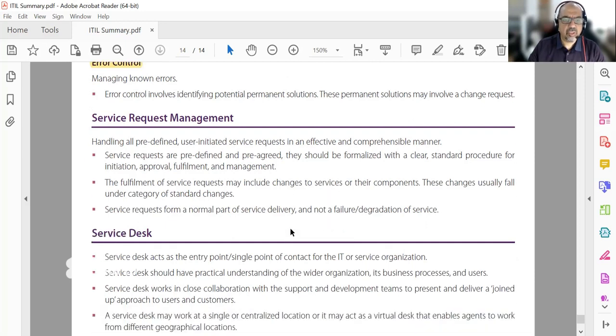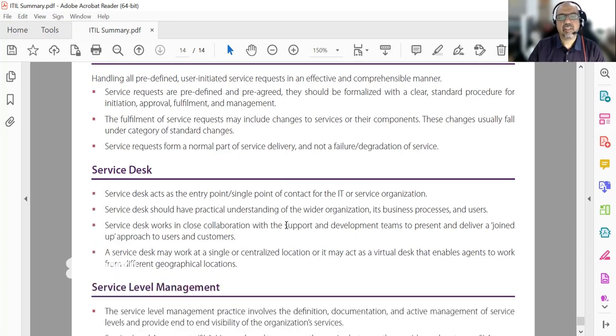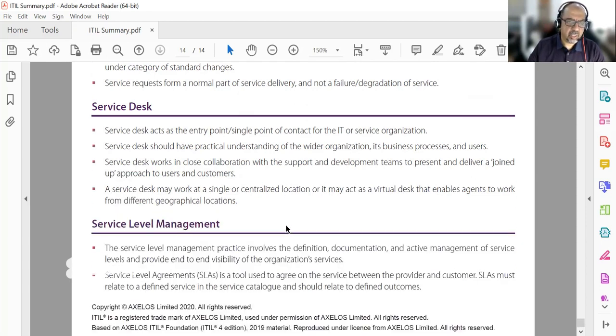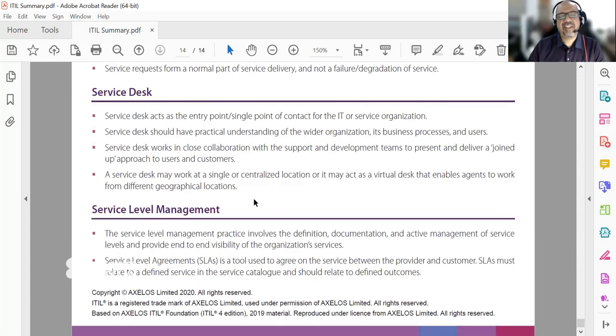So we need to have a process, a predefined, step-by-step practice. Service desk, as we mentioned, is the single point of contact, capturing demand, providing support for business and people rather than technical one. And we have service level management that manages service level agreements.